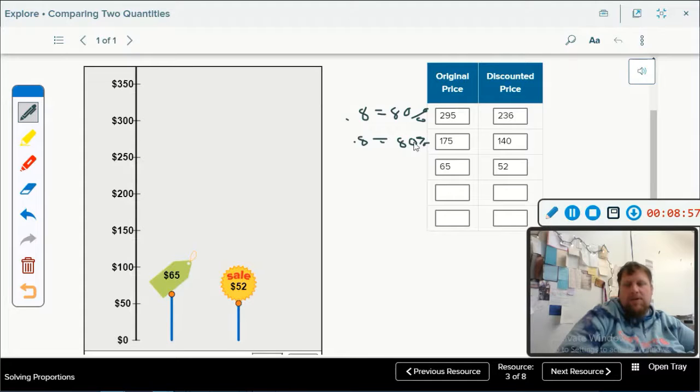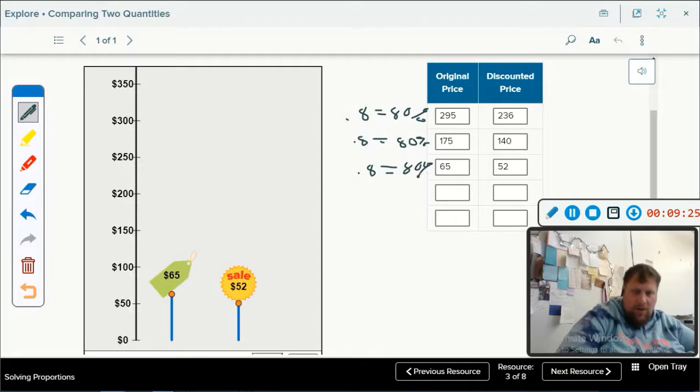Why would that be the same? It's because I'm taking 80% of a smaller amount, so it's going to be less of a discount, but it's still the same percentage discount. In the same way, let's do 52 divided by 65 just to confirm this. I even typed it wrong. Look at that. It's 0.8 or 80%.